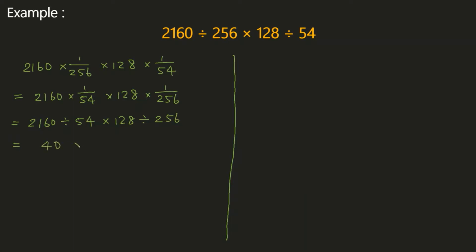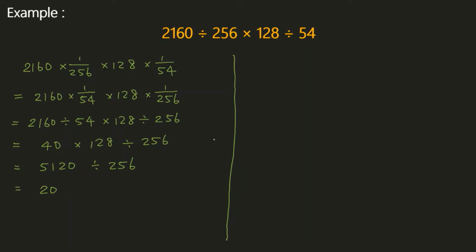Then we have multiplied by 128 divided by 256. If we work out our multiplication vertically, 40 times 128 will give you 5,120. Then divided by 256. And if we work out our long division again, these 2 terms will give you the final answer of 20.